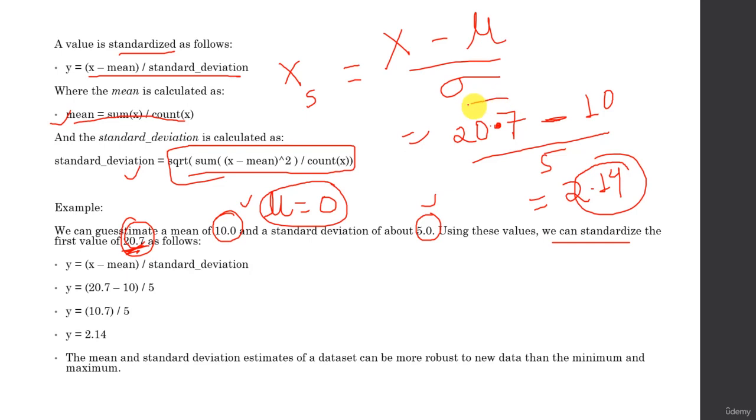Now you can see the bigger value has been standardized to the smaller value. So in this way we can convert all our larger values into some standard scale. And we have already seen what is the advantage of doing this. Obviously the advantage of doing this is our machine learning model won't be biased toward the higher values. Now all the values, the larger and even smaller, will be treated equally by the machine learning algorithm.